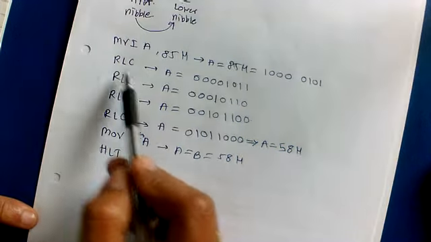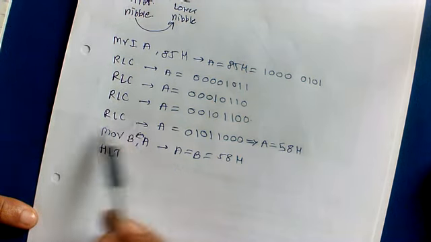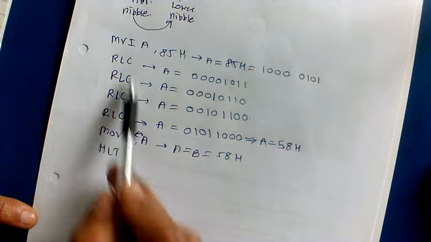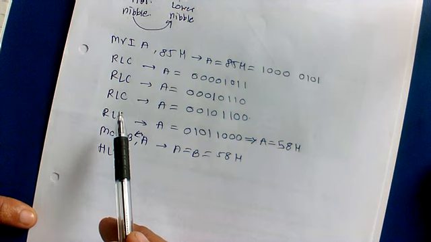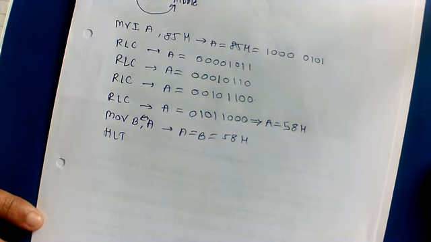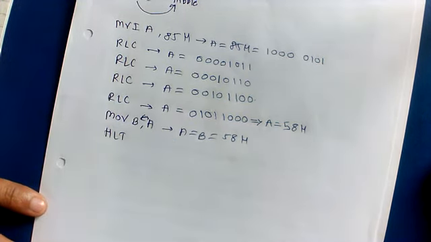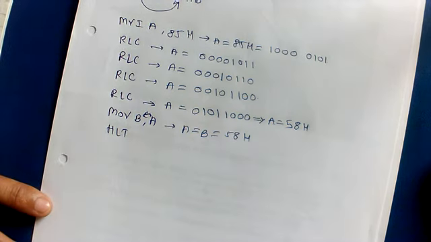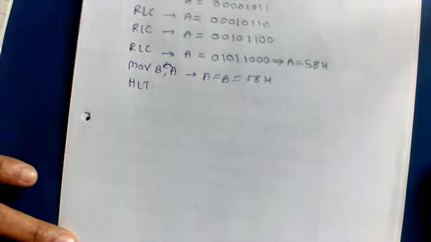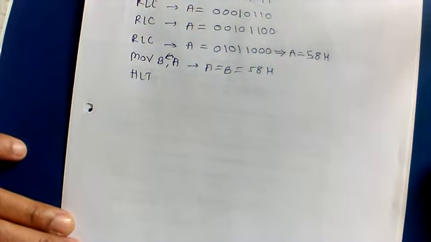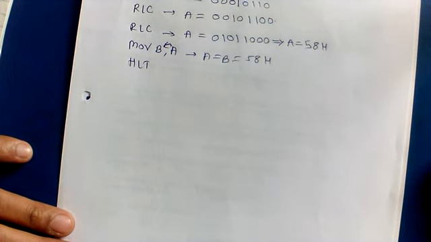So instead of writing this RLC instruction 4 times, we can execute this RLC instruction 4 times by using counter, and count value you have to take 4 because we are going to execute this RLC instruction 4 times.